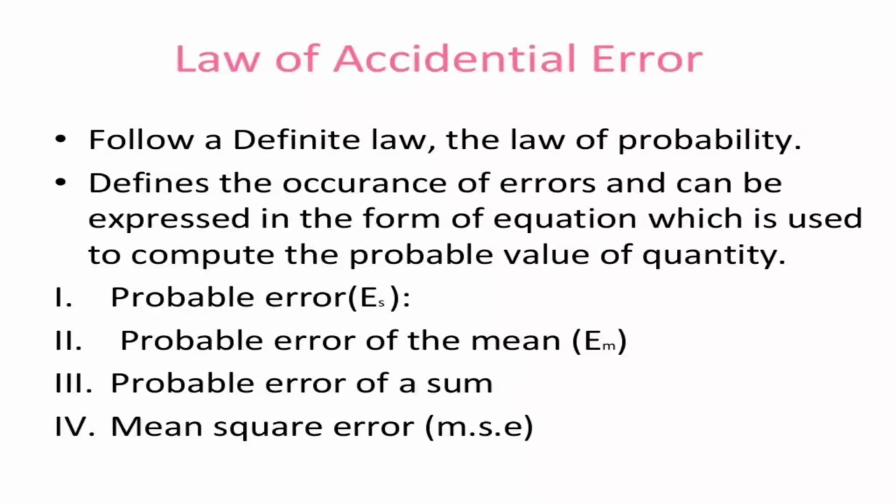Large errors occur infrequently and are impossible. These define the occurrence of errors and can be expressed in the form of equations which are used to compute the probable value of a quantity: the probable error of the mean, probable error of a sum, and mean square errors.